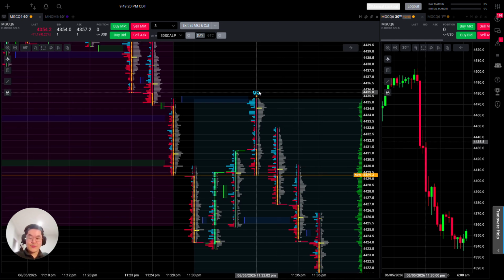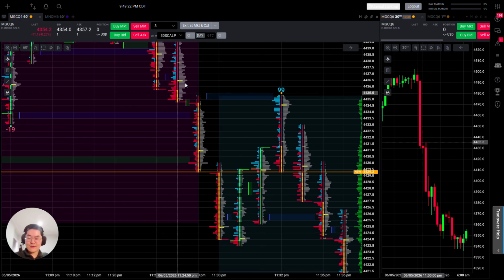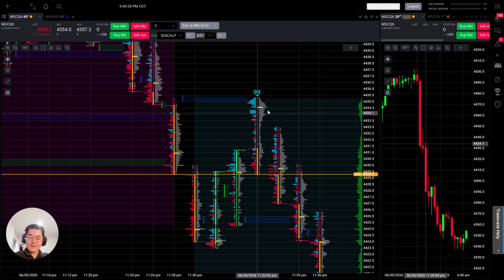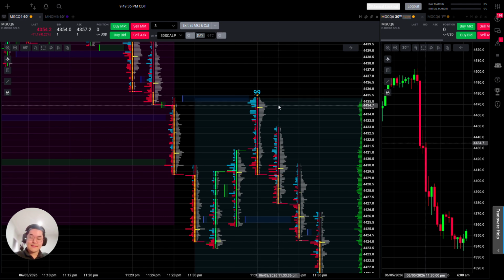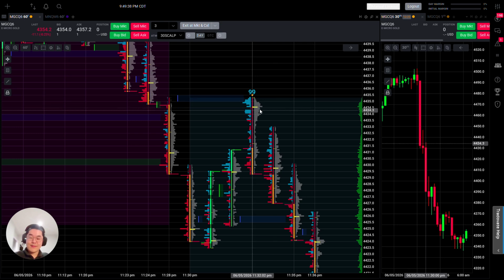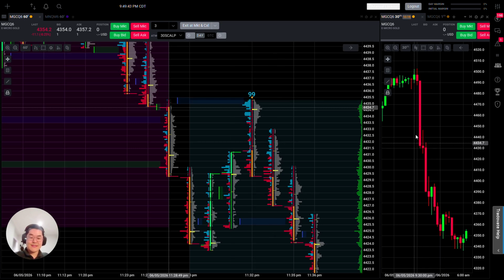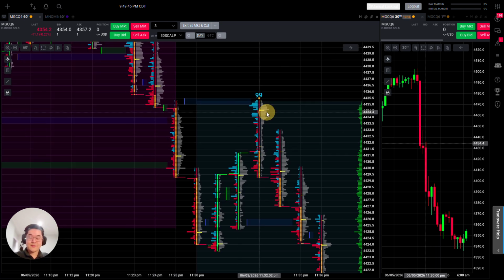So we know that a lot of sellers were sitting here before, a lot of sellers took control of the market here earlier. Price went up, came up to the same price point, and all the buyers got absorbed by a passive seller. So we know that people are still selling it right here at this key level, which you would never see on the candlestick chart.